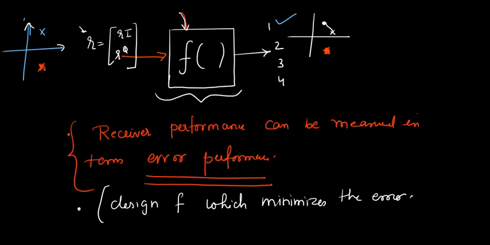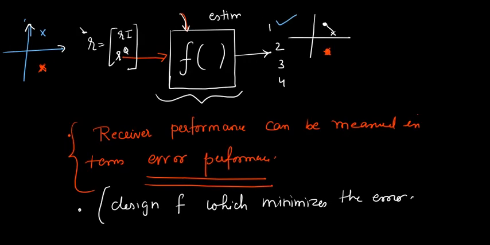Okay. So I would write one statement without proof: the maximum a posteriori estimator. Our job is to design the estimator, right? This is the estimator, which estimates by observing R what would have been transmitted, or what could have been transmitted.